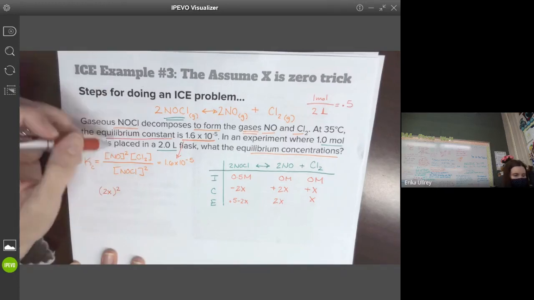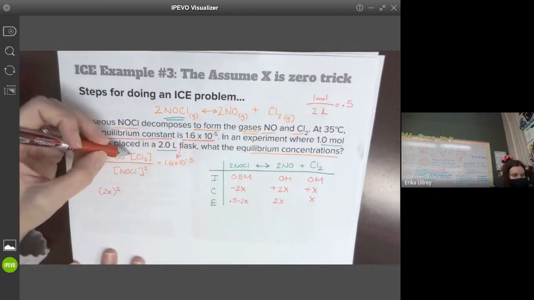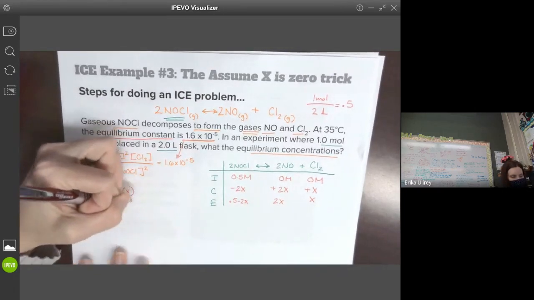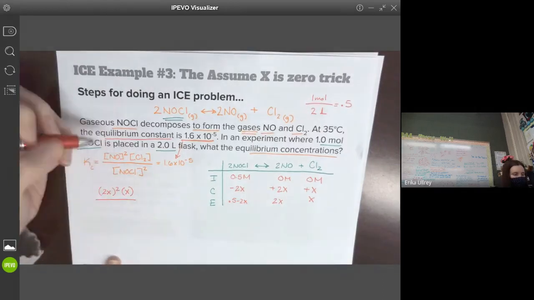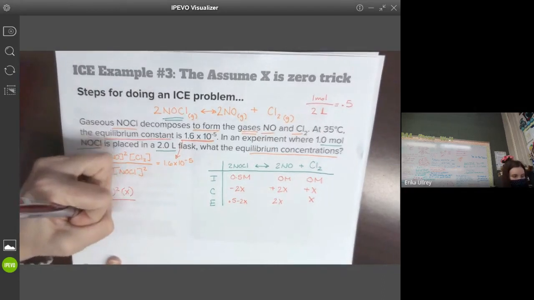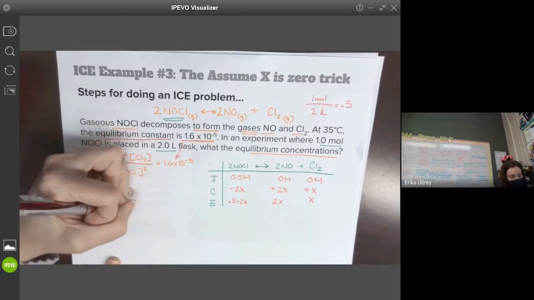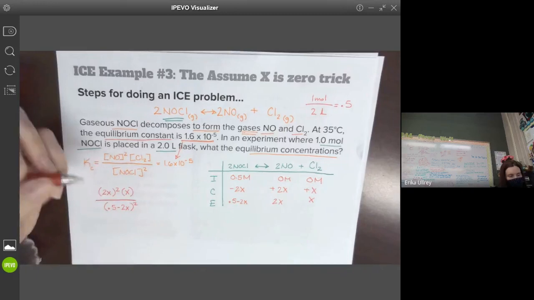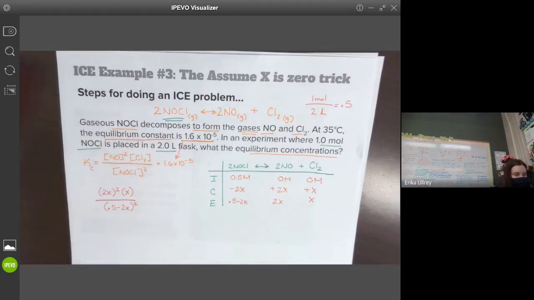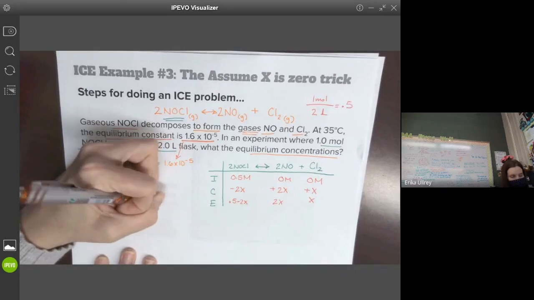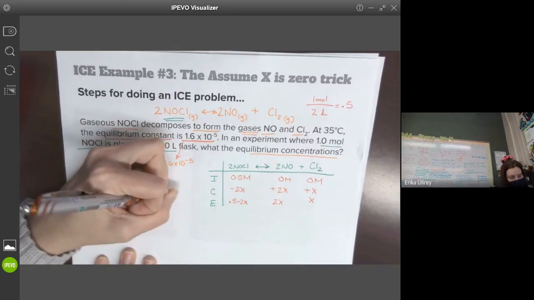This gets to be a bunch of fun algebra. And then Cl2 is x, all over the quantity 0.5 minus 2x squared. And that's going to be equal to our K value, which is 1.6 times 10 to the negative fifth.